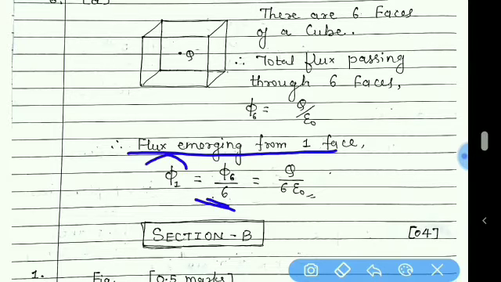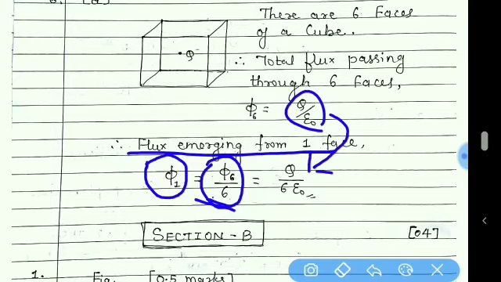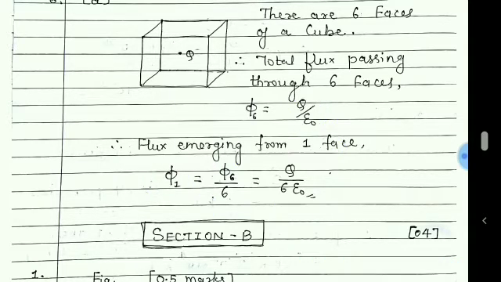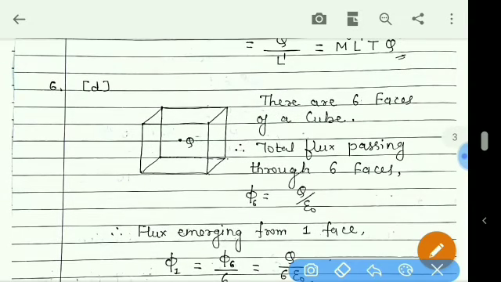So flux linked with the one surface or the one face is total flux divided by 6, and total flux is this. So putting that, we get Q upon 6 epsilon naught. So here option number D is correct.